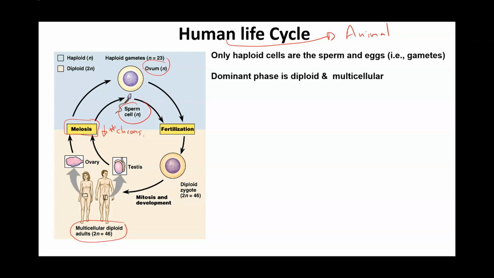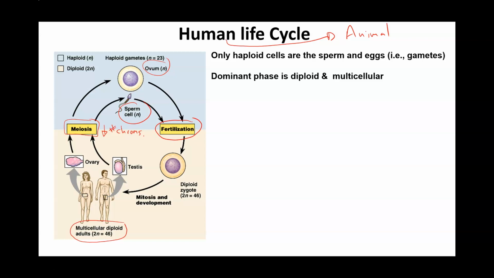Now, in humans and other animals, these haploid cells, and haploid refers to the fact that they only have 1 copy of every chromosome, are referred to as the gametes. And in the human life cycle, the gametes are the only haploid cells, and the only haploid condition in animals is unicellular, because as soon as a sperm fertilizes an egg and their nuclei fuse together, which is the process of fertilization, it creates a new diploid cell.